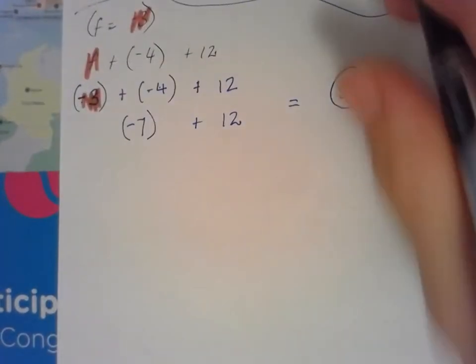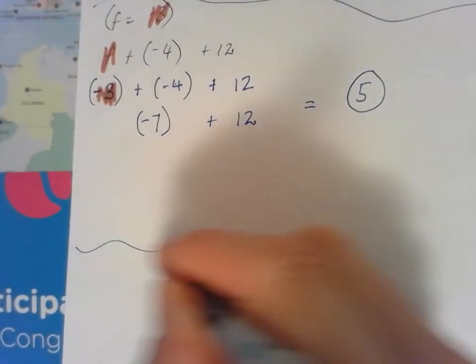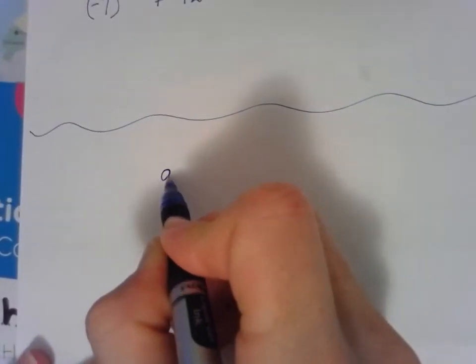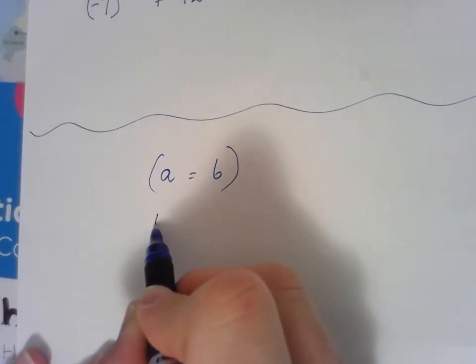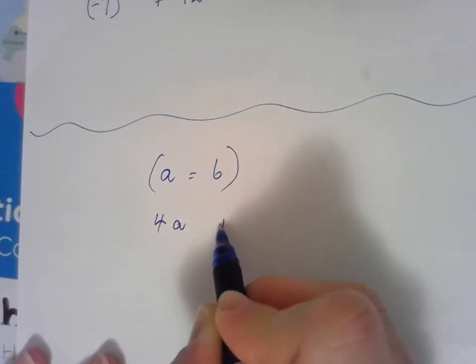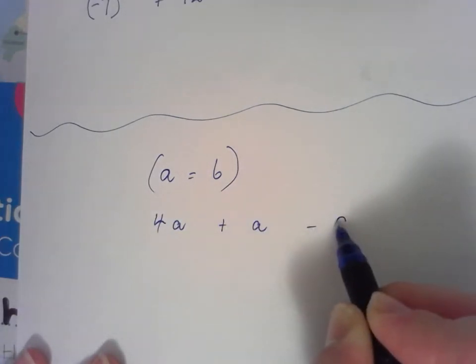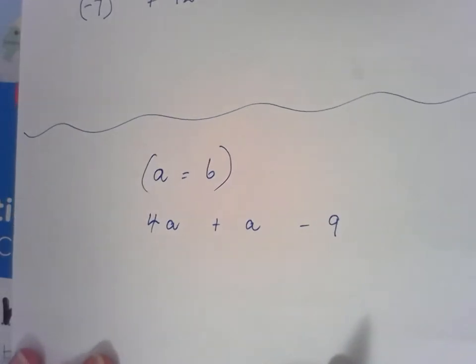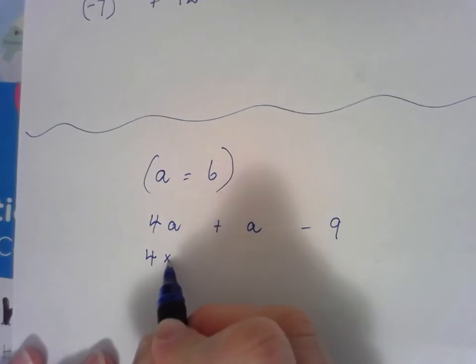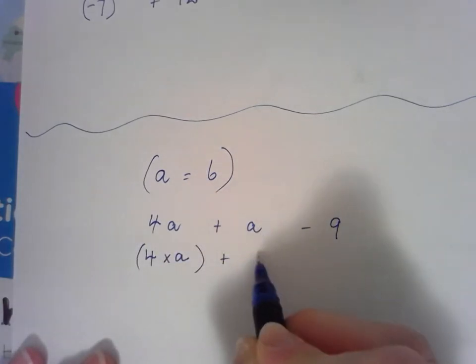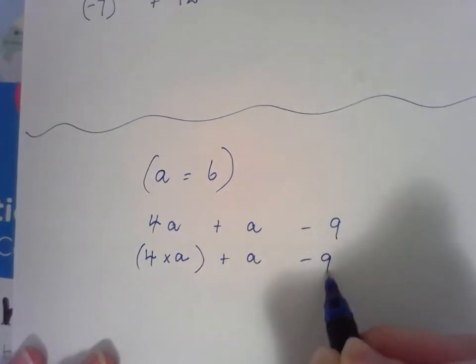How about we do 2 more, like these ones. If a has a value of 6, I'd like you to try 4a plus a take away 9. So remember that means actually 4 multiplied by a, okay, plus a take away 9.